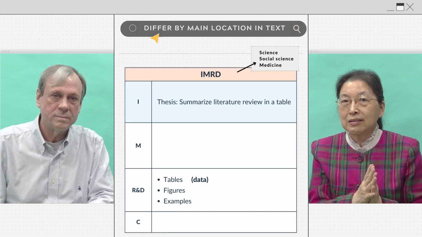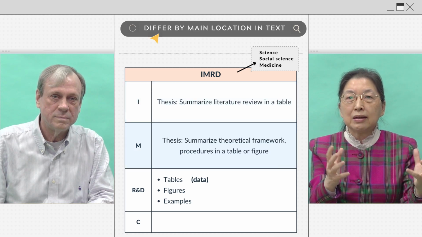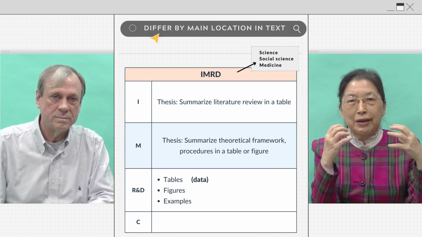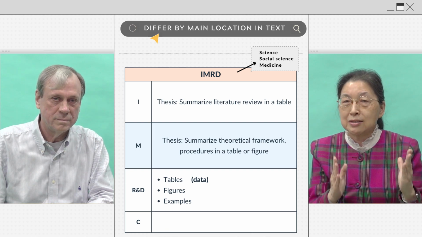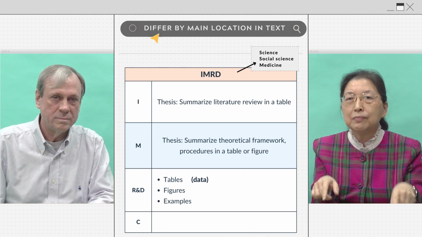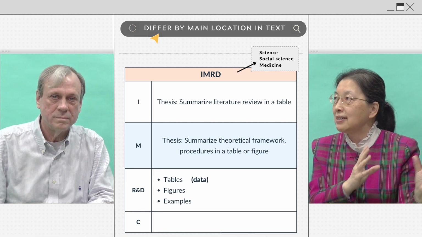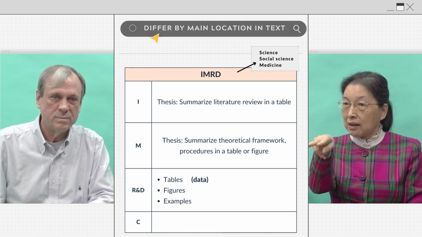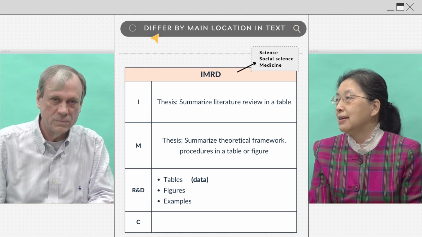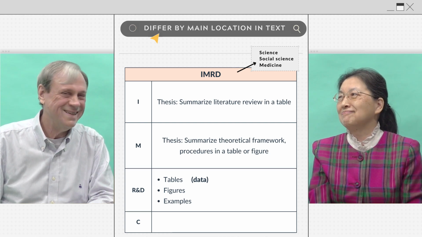And also in methodology, instead of writing about the theoretical framework and the procedures, we also ask the students to provide a table or a figure summarizing what they have just said, so we can see clearly what they just said. It's very user-friendly.